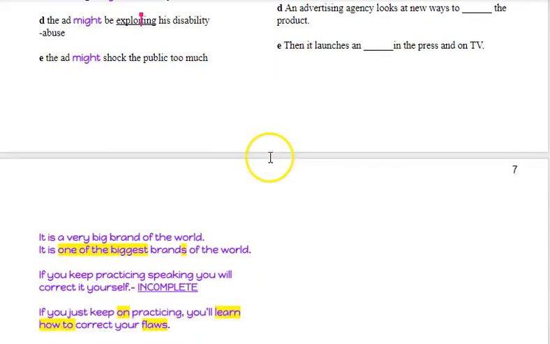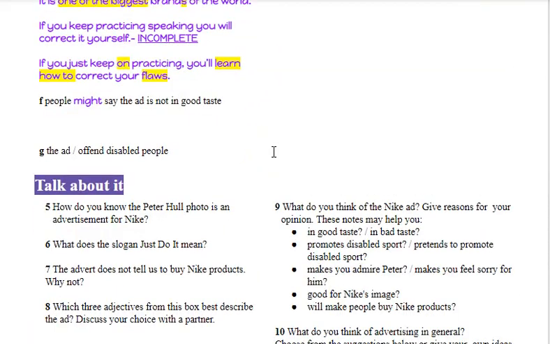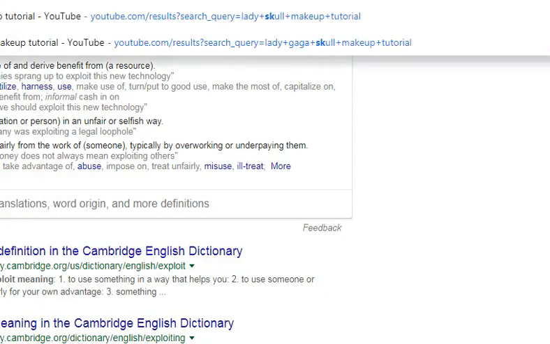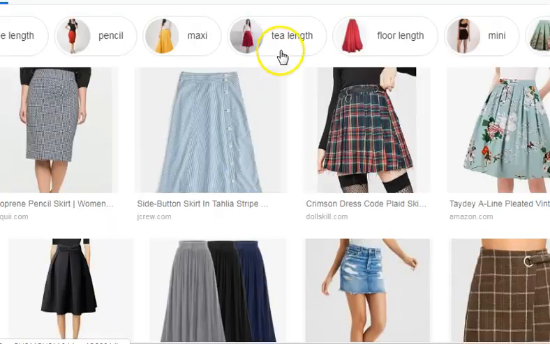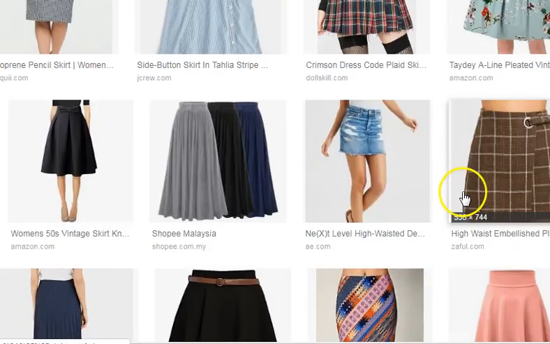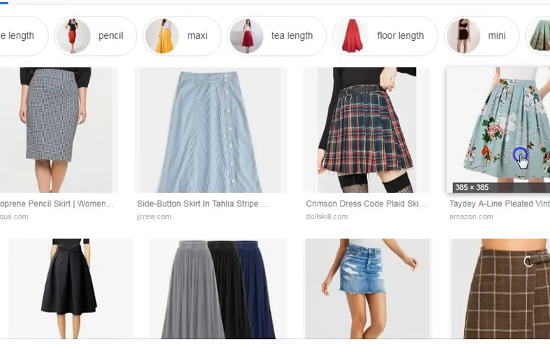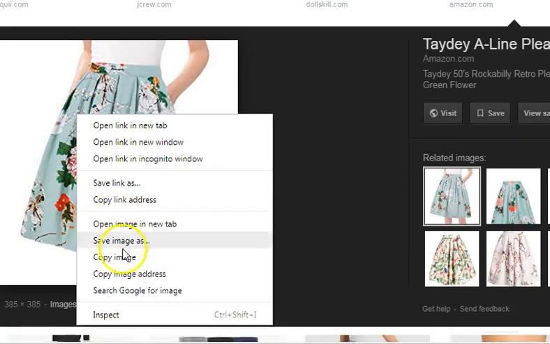Yeah, good taste is like, maybe I can give you some examples. For example, you wear a long skirt. Okay, wait. I'll give you one example here. Let's say you wear this skirt.